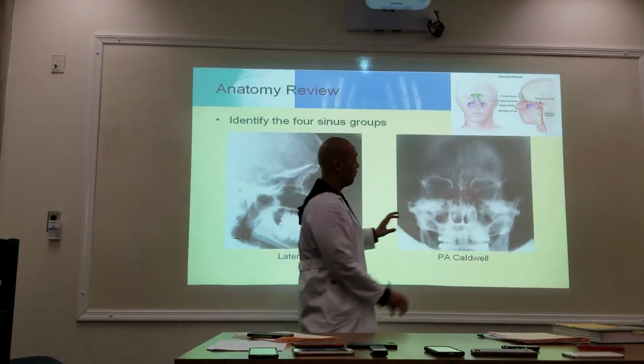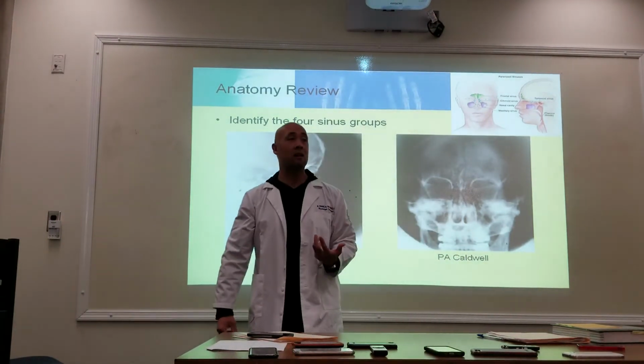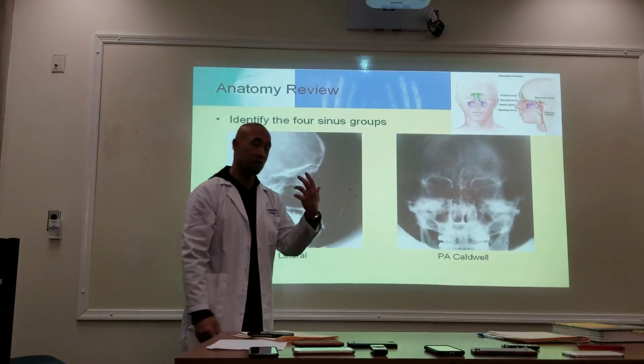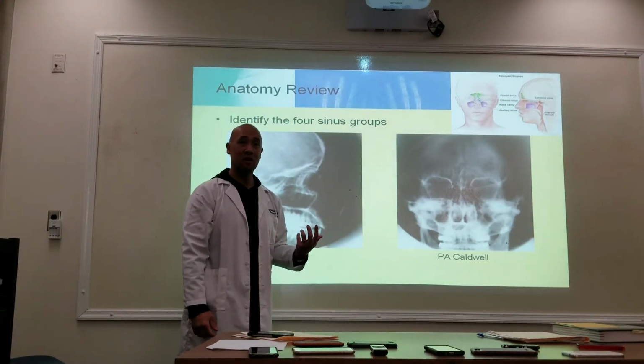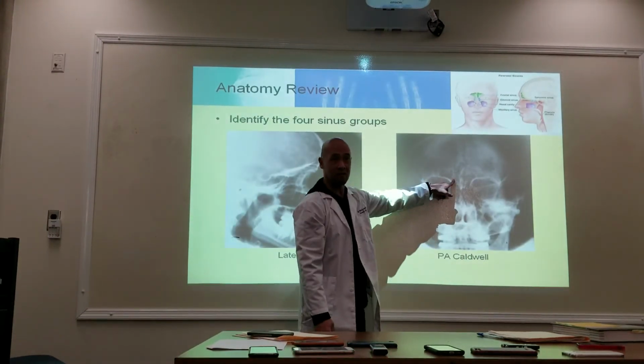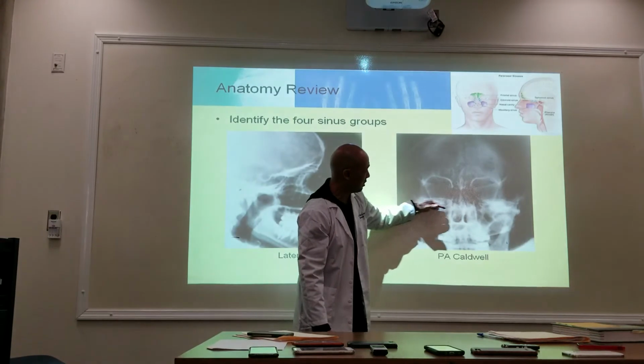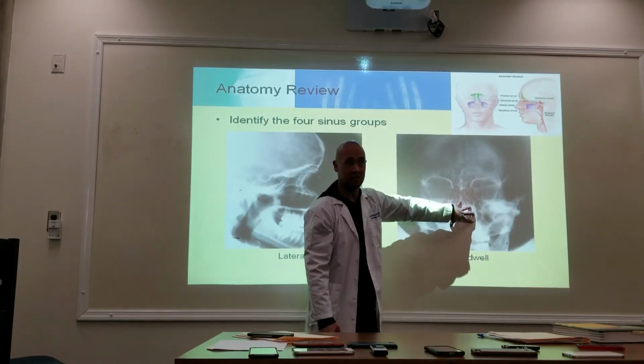This is good for frontal sinuses, right? Because what does the PA Caldwell do for the cranium? What are we doing that for? To look at the frontal bone. So this is good for looking at the frontal sinus, but not good for the maxillaries because you've got the petrous ridges right over the maxillary sinuses.